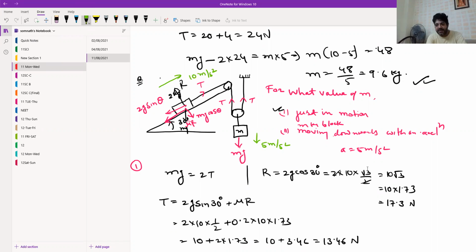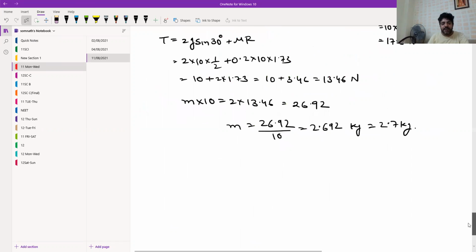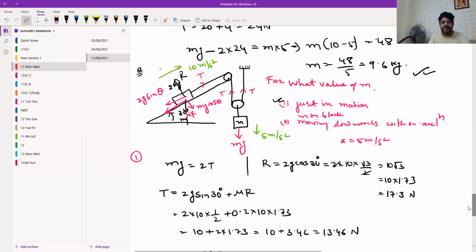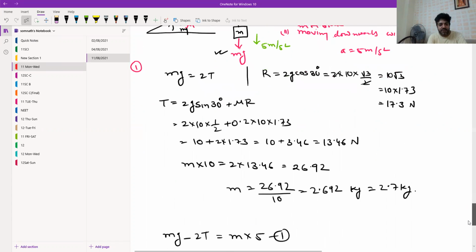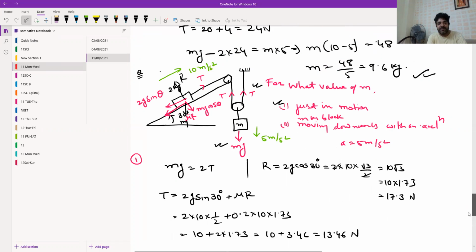So from this I can say, my first equation: mg minus 2T equals m into 5. Yes, mg minus 2T equals m into 5. Yes, everyone?